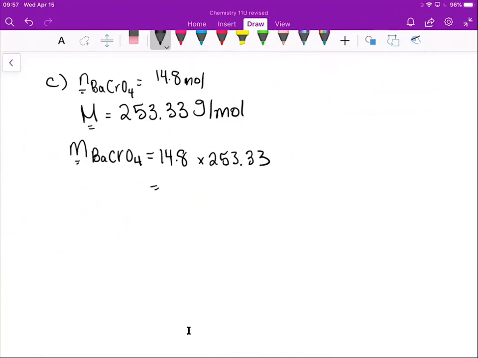I get 3,749 point whatever. Let's change it. So see, there's only 1, 2, 3 numbers of significance. So 3.75 times, I'm moving my decimal over 1, 2, 3. So 10 to the 3 grams.